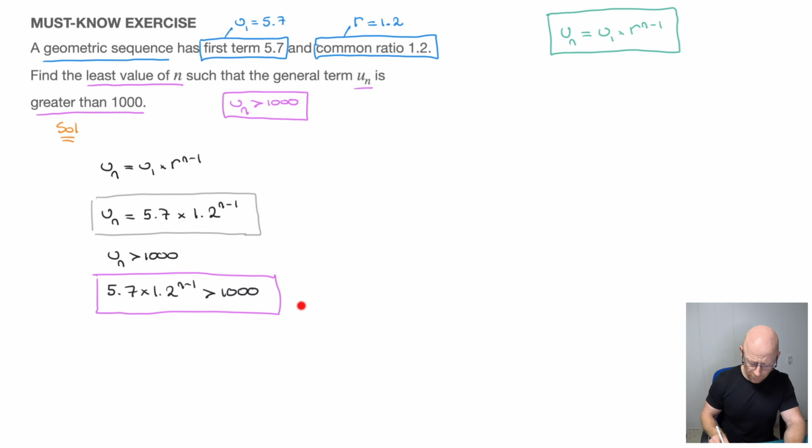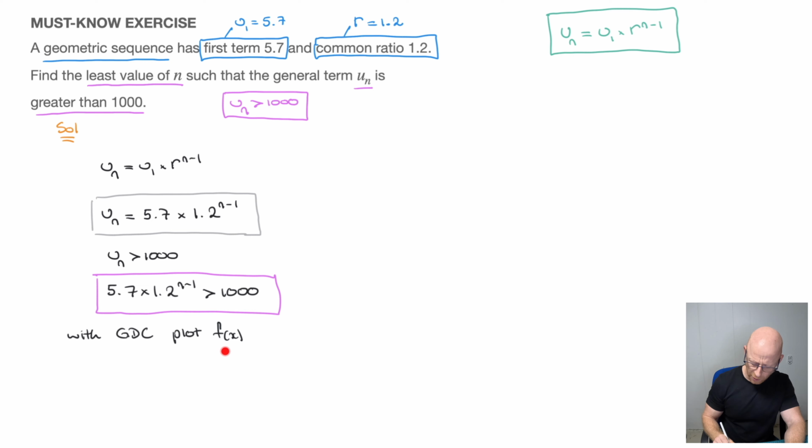To solve this inequality, there are two methods really. One involves using the graphical calculator, which is the one we're going to start with, and the other involves using logarithms. So let's go ahead and see how it's done with the calculator. For that, on my exam paper, I'd write with GDC, which means graphical display calculator, we're going to plot a function, and I'll just say plot f of x.